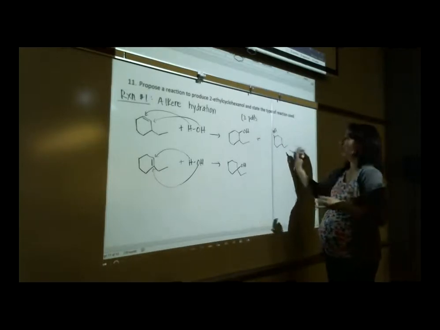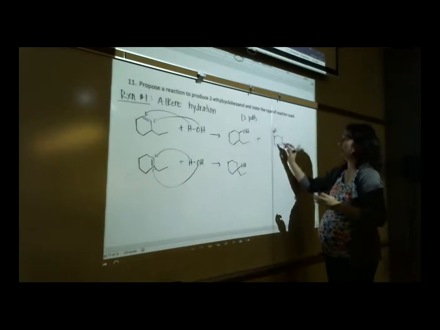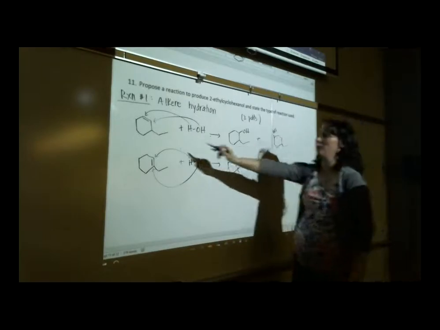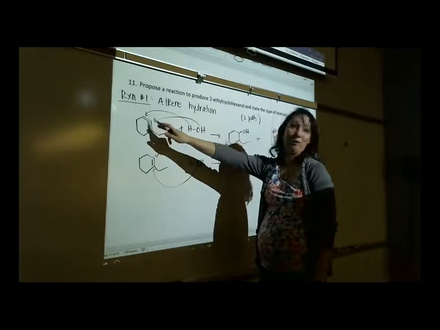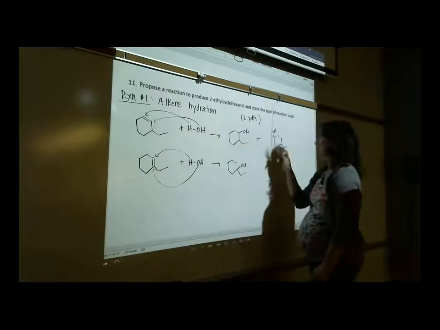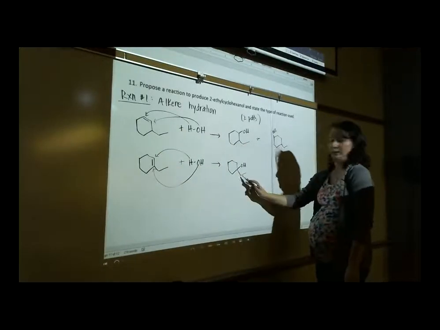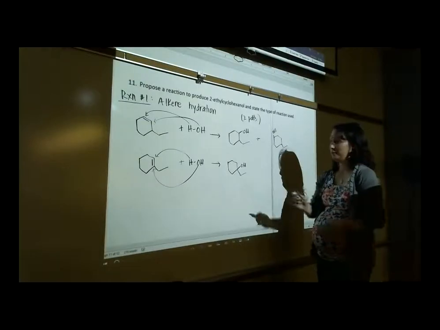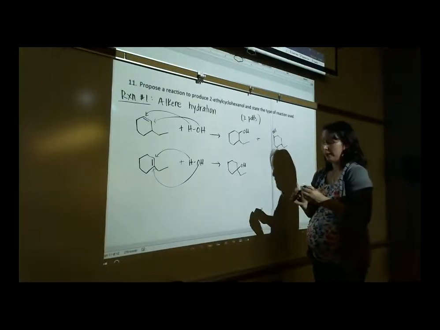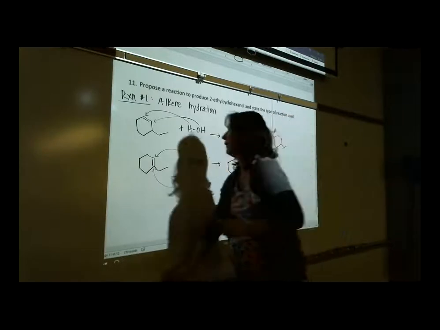You'll get 2-ethyl and 1, 2, 3-ethyl. Because if the double bond's here, you're going to get a 50-50 mixture. So you will have 2 products to contend with. But you can't have it right here, because then your major product is going to be this. So that's the version for alkene hydration.